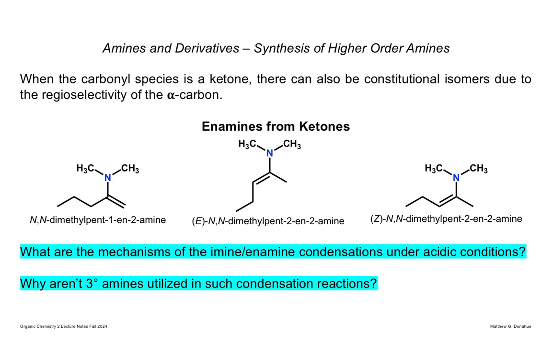A complicating factor with ketones, if you look, these are all coming from 2-pentanone. So there's now 3 possible products because for that ketone at oxidation state 2, you now have 2 alpha carbons. An aldehyde only has 1 alpha carbon.